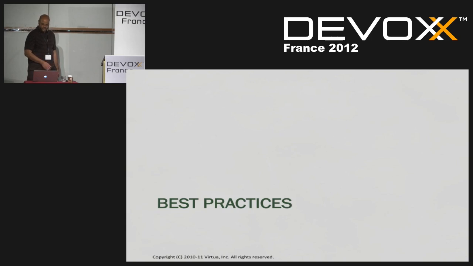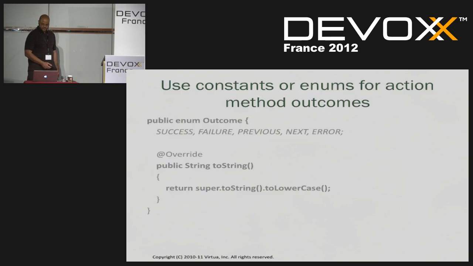All right, so here are just a few best practices. So one of the things I like to do is to use constants or enums for method outcomes. So if you're using the standard JSF mechanism where you return a string and the string is matched against navigation rules and the navigation rules decide what page to go to, you can actually use an enumerated type, or a constant if you don't want to use an enum.